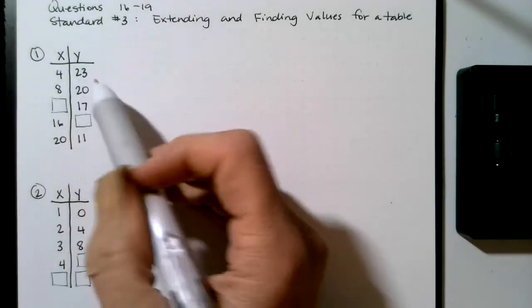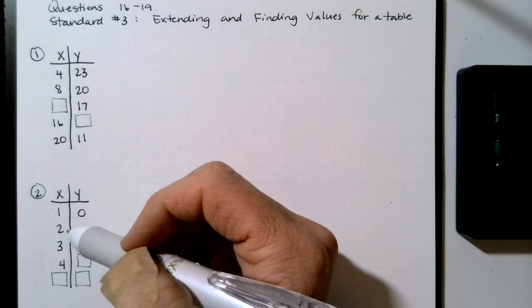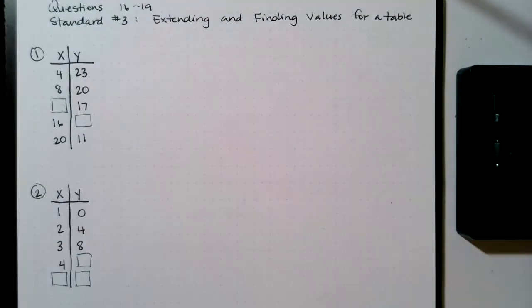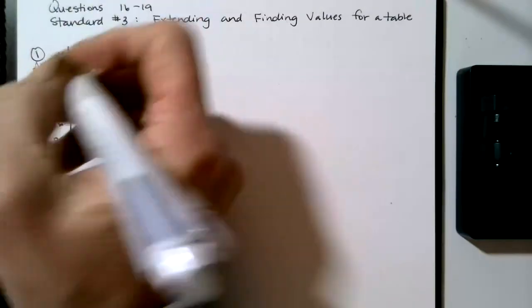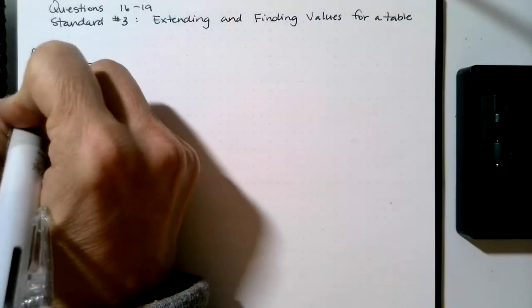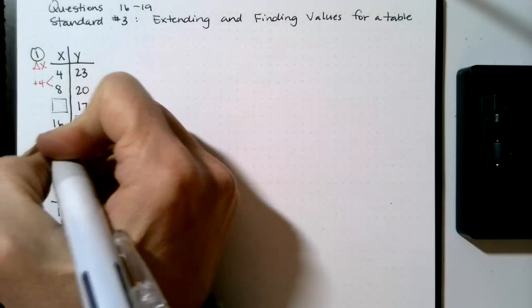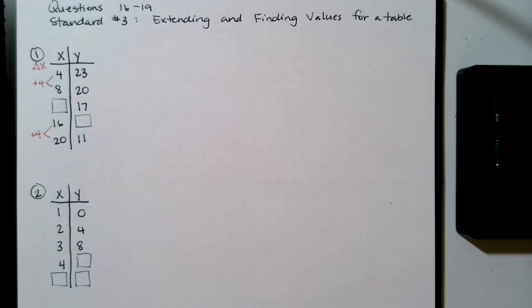So on this first example, and really any table, no matter what you're doing, I strongly suggest starting with the change in y and the change in x. So over here, change in x, I can see that 4 plus 4 is 8, and I can see that 16 plus 4 is 20.